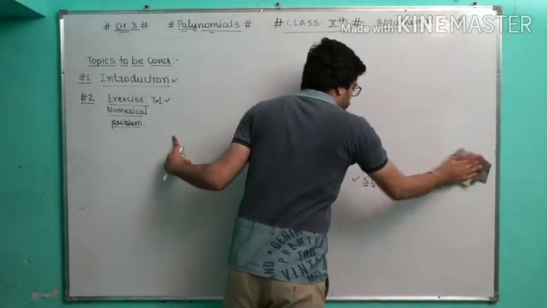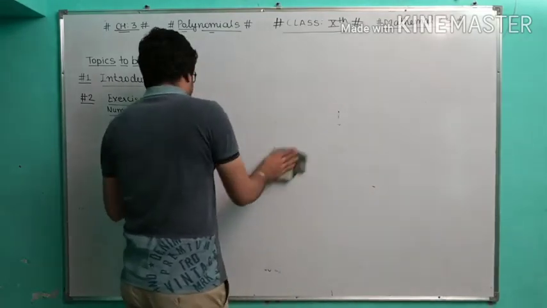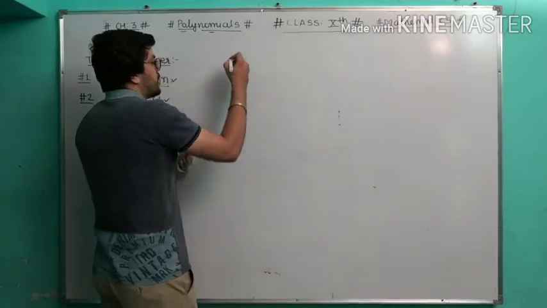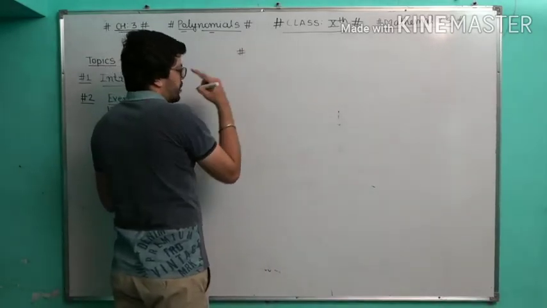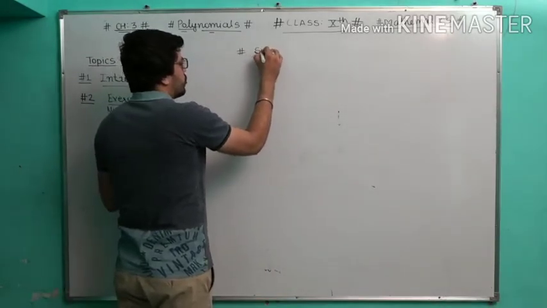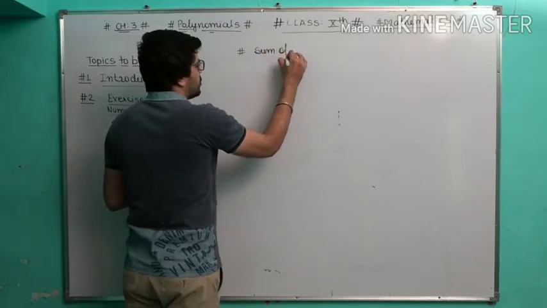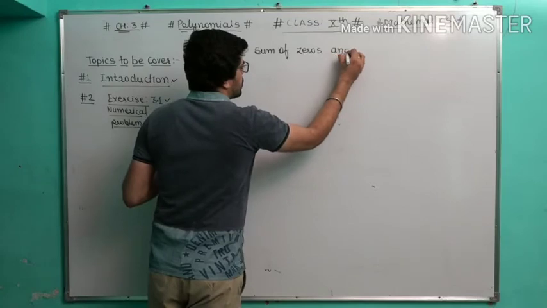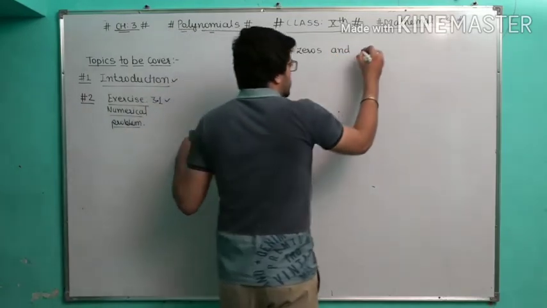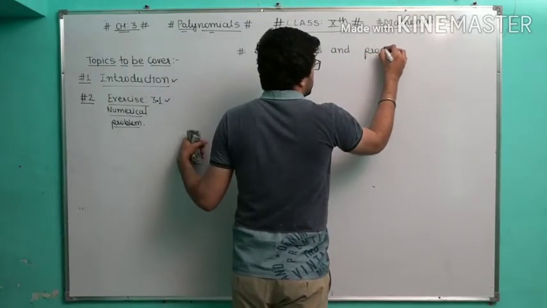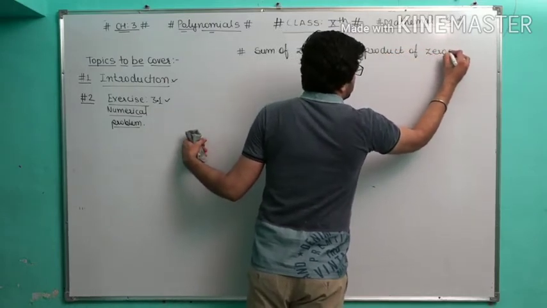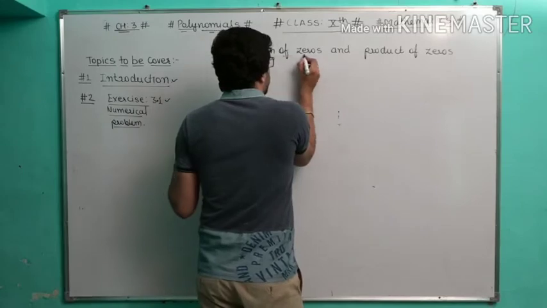First we are going to talk about the easy things, the key criteria of polynomial: finding the sum of zeros and the product of zeros.